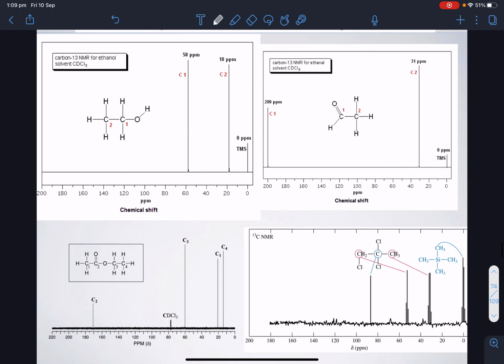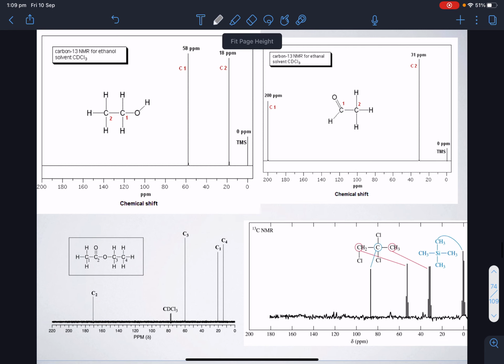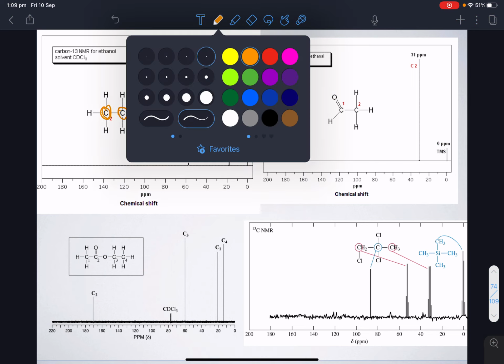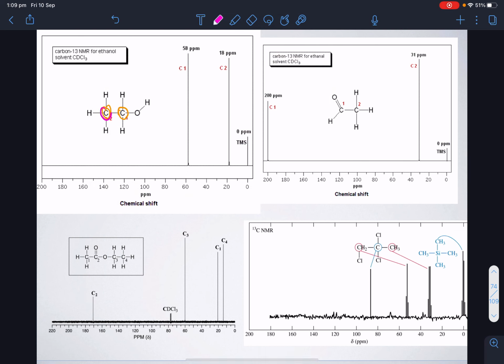Okay, let's look at a few more examples here. I've got the carbon-13 NMR for ethanol. There are 2 peaks in this one because there's 2 carbon environments, okay? They're different distances away from that electronegative atom. There's not much symmetry there, okay?